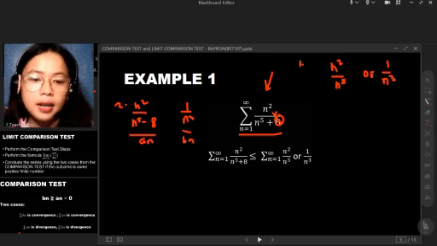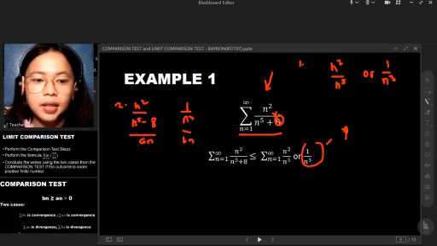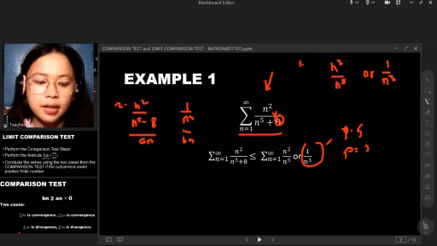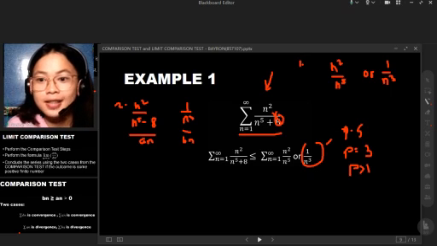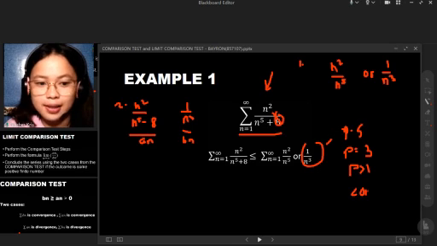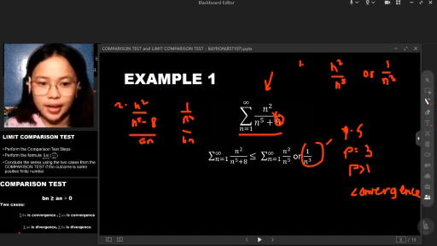Take note that 1 over n raised to the power of 3 is a p series. So the value of p here is 3. And if p is greater than 1, then yes, it is convergence.